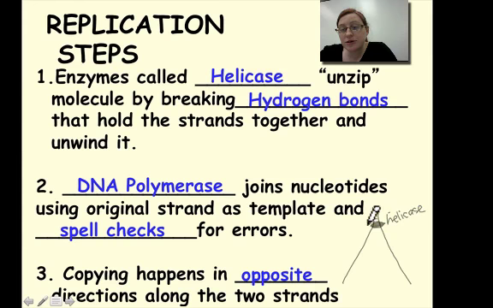Which direction is it moving? This way, right? Think about the zipper analogy that we used. As you pull on a zipper, it takes the metal clips that are being held together and allows them to separate. So you have to move towards where they're still held together. So helicase is going to be moving up in this case.